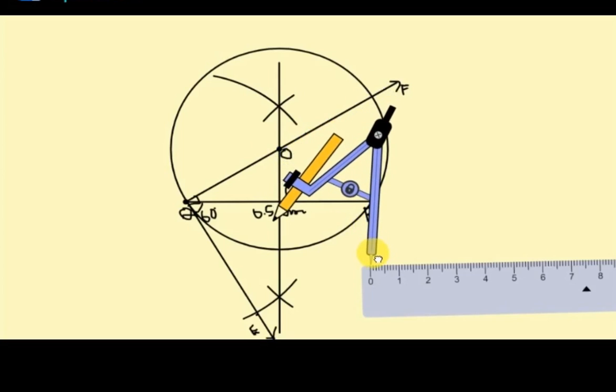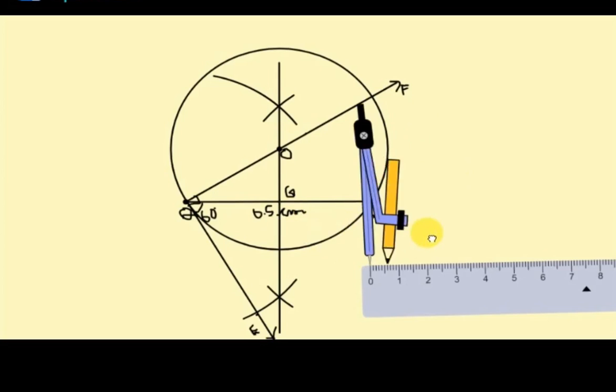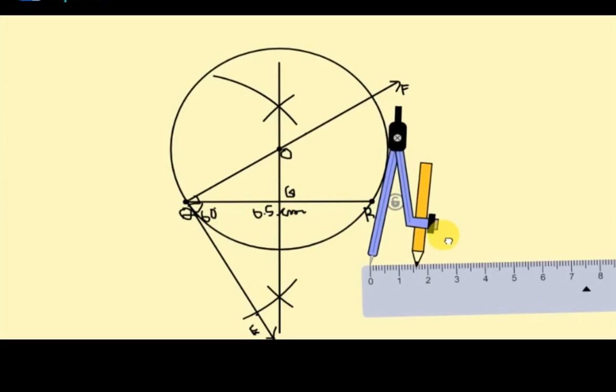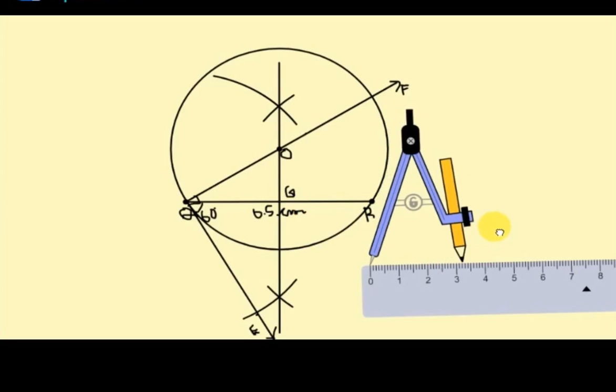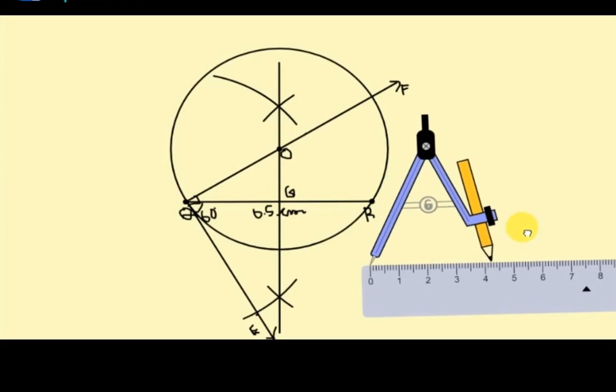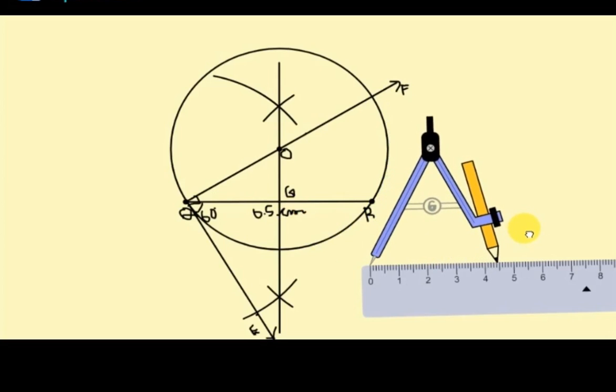Now measure from O to 4.5 centimeter using the scale and your compass, and lock it.